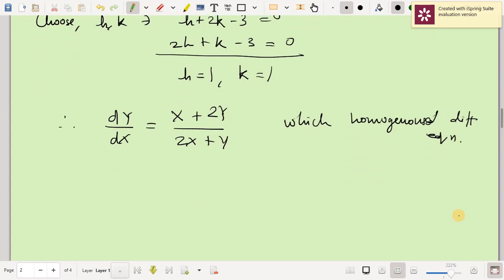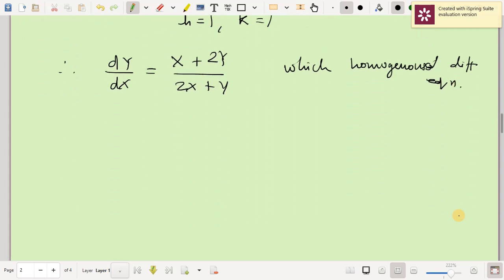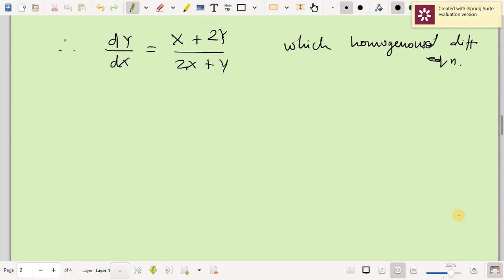So we will solve this by a certain substitution. We are solving this now, and then we will go back to the original one.